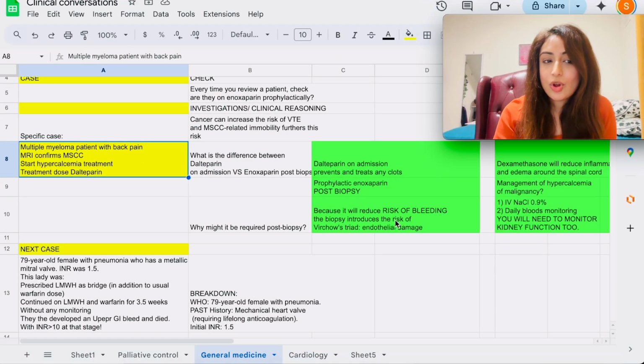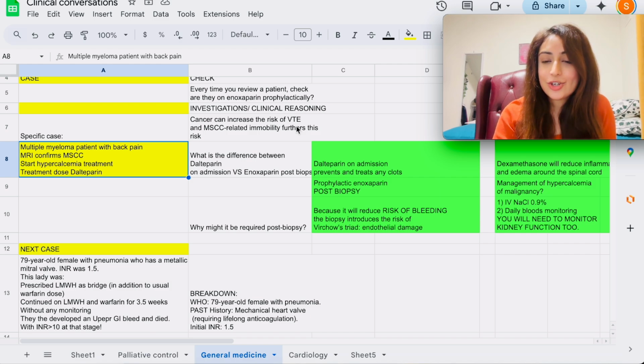Giving them dalteparin after they have had multiple myeloma, MSCC, cord compression, dalteparin will reduce their risk of clotting. Now, it can be given in two situations. It's an anticoagulant. So, the patient had cancer, they have an increased risk of VTE, and they've also had MSCC-related immobilization.